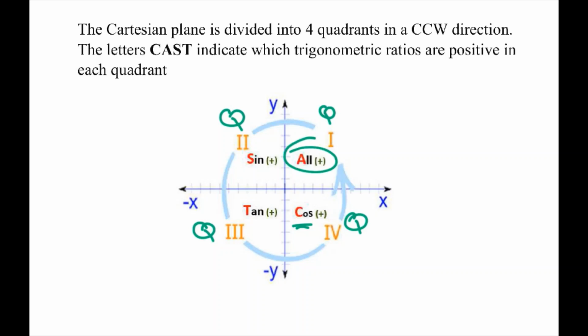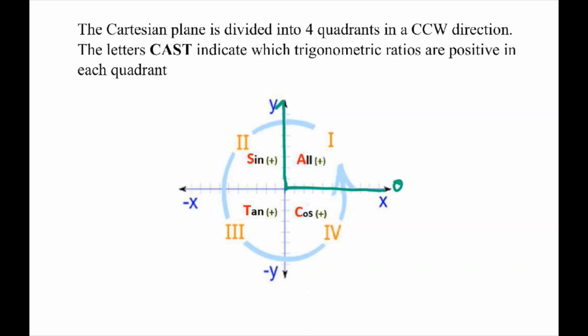You can call it anything you want. Basically, what does it mean? It means any angle from 0 to 90. So any angle in quadrant 1 is basically from 0 all the way to 90 degrees, which is pi over 2.